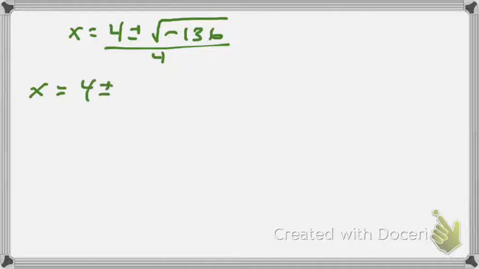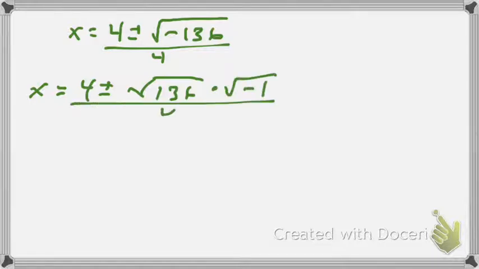Now we have to simplify. So we have the square root of negative 136, so we can rewrite that as the square root of 136 times the square root of negative 1 all over 4. Now we got to ask ourselves, are there any factors of 136 that are perfect squares?